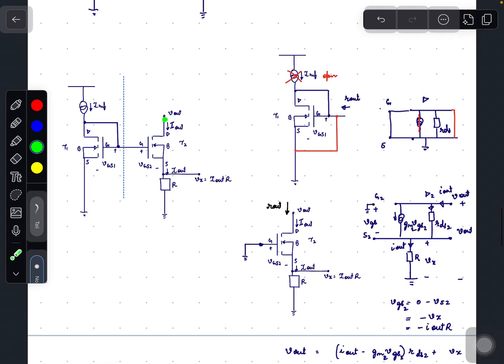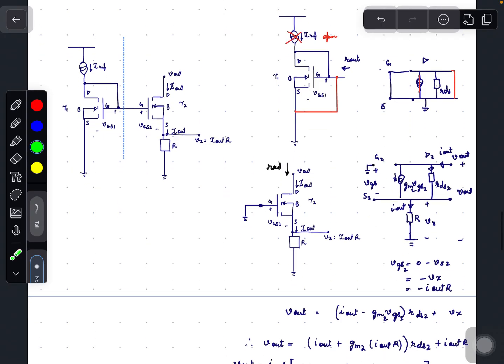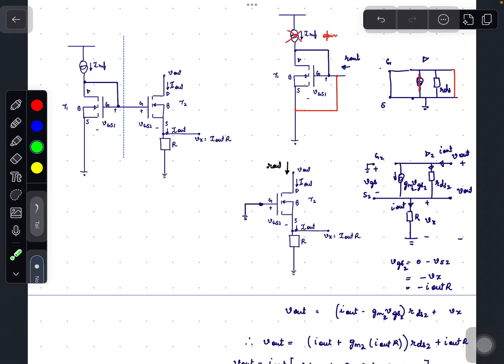Now let's consider this part of the circuit. Here the gate to source voltage of T1 is constant, so the gate voltage of T2 is constant, so short gate to ground and everything else remains the same. So here I have the small signal model of transistor T2.